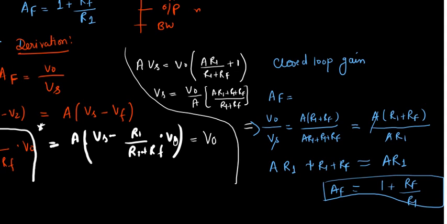One of the best things about having this closed loop gain is that you can control it. Open loop gain was not in your control, but you can change the value of gain according to your requirement by appropriately choosing the values of RF and R1. So if you want a gain of 10 or 11, how would you do that? What are the possible choices?